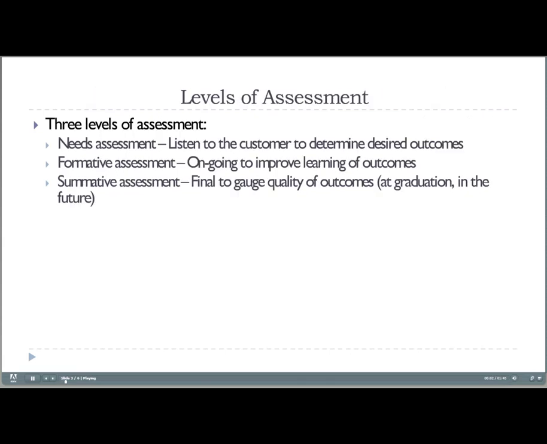Let me start out by saying that assessment in education and accreditation are very similar to processes found in industry in quality management standards such as AS 9100 and many of the ISO standards.